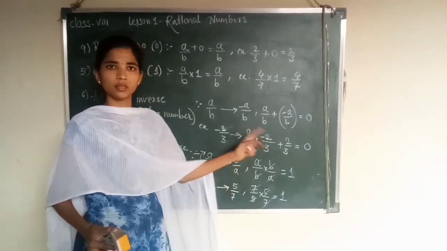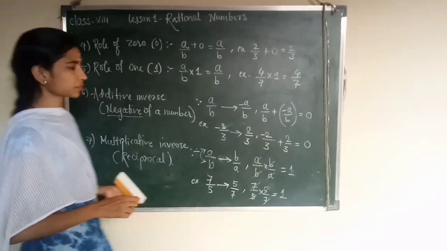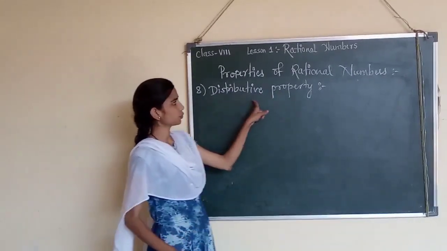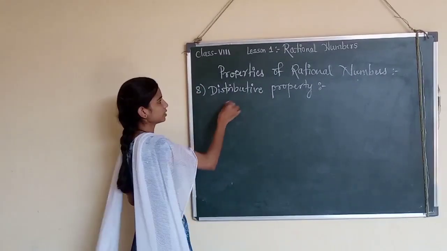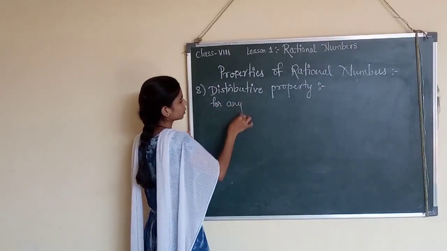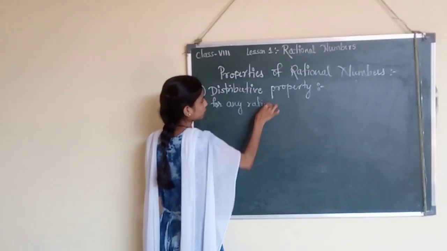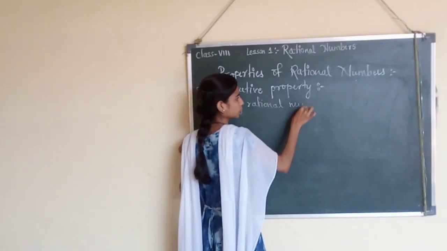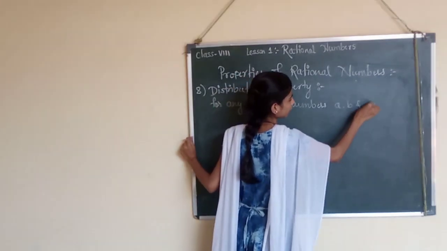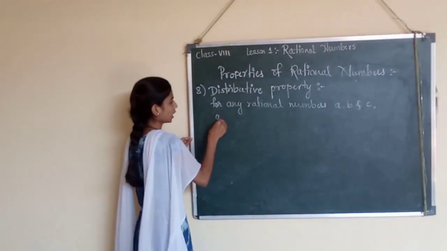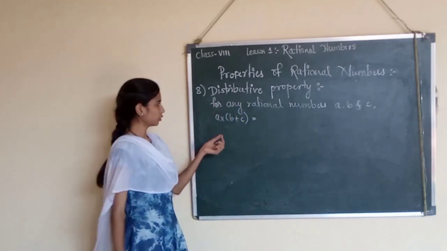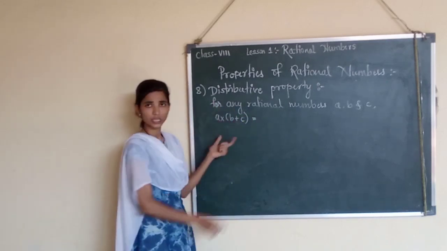Okay, next we will see distributive property. So now we will see the last property of rational numbers, the distributive property. Now, what is distributive property? For any rational numbers a, b and c, a into b plus c is equal to, here a, b and c are rational numbers.